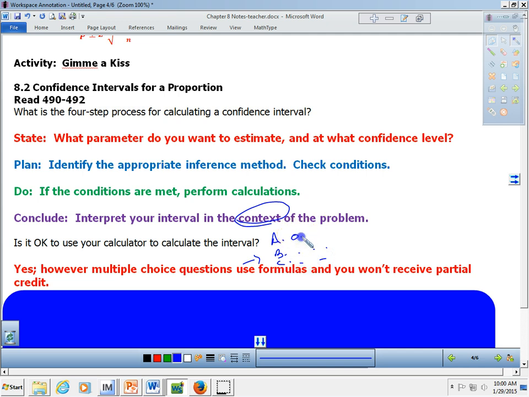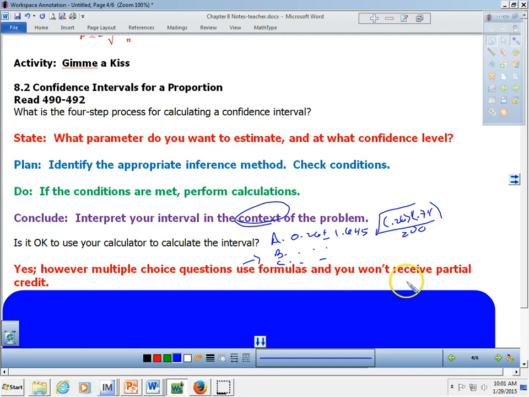There'll be something like 0.26 plus or minus 1.645, and then they'll plug in, actually it would be, 0.26 times 0.74. Don't worry about where these numbers are coming from; I'm just making them up. Over 200, right? And they'll plug that in. So you need to understand what the formula looks like, even if you're using your calculator.